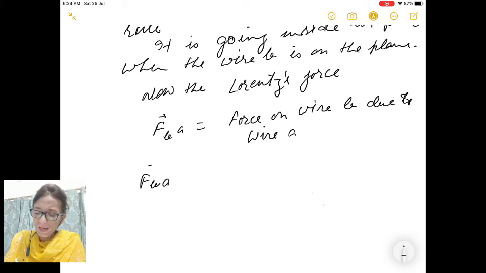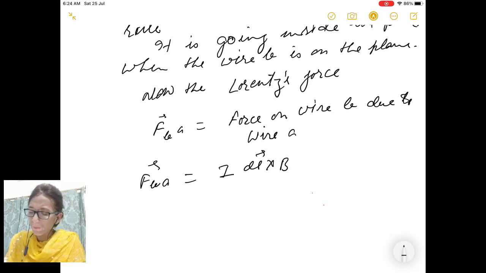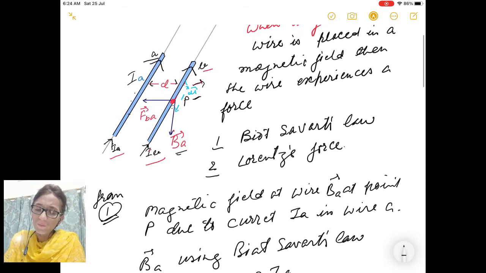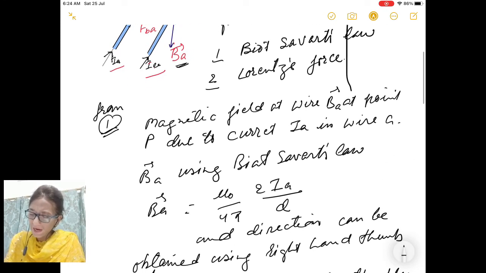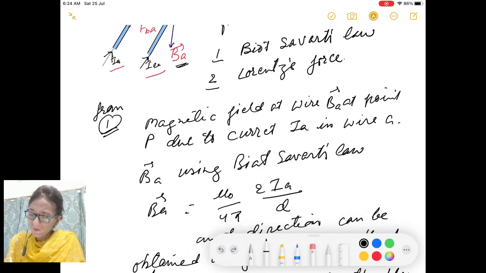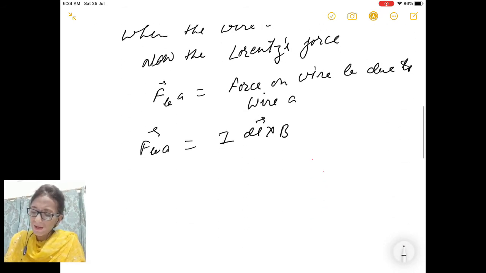That must be equal to I dl cross B, with B at wire B, and this B is equal to BA. So we will be writing here BA.